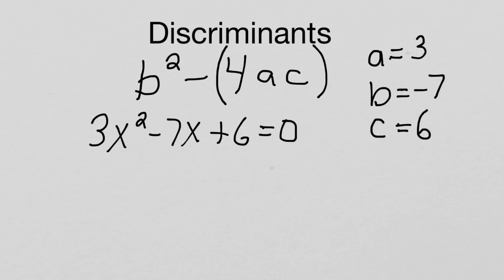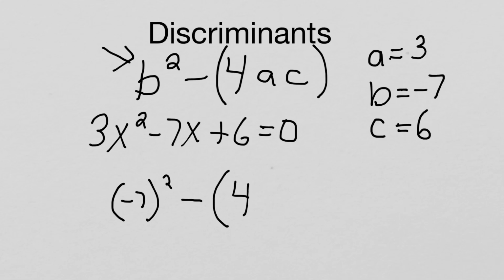All right, using my discriminant formula, I'm going to have B squared, which is (-7) squared, minus 4, it's always 4, times A, which is 3, times C, which is 6.